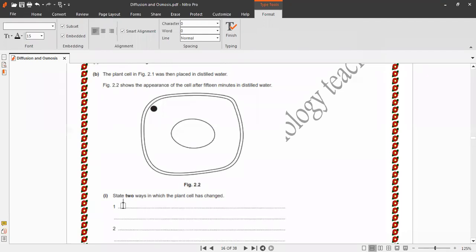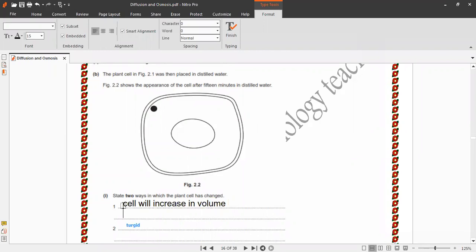What happens to the cell? Cell will? Will what? Will increase. The cell will increase in volume. Okay. What else? The large vacuole, the water in it will increase.